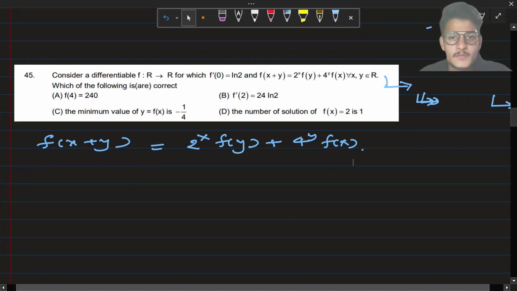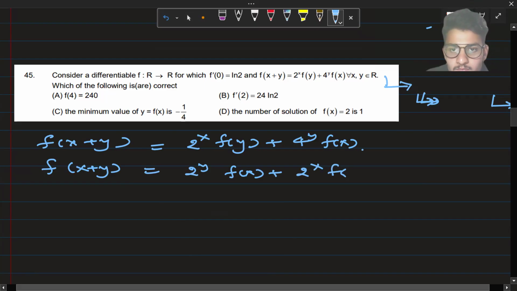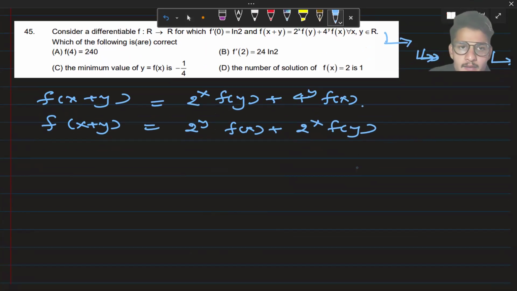What you try to do is replace x with y, because in this kind of question where f of x plus y is given, you can replace x with y. This will result in this. So this is a part of the functional equations of the function. So wherever f of x plus y is given, you can replace x with y. That can be a way to solve the problem.